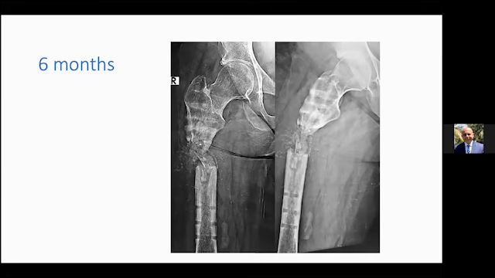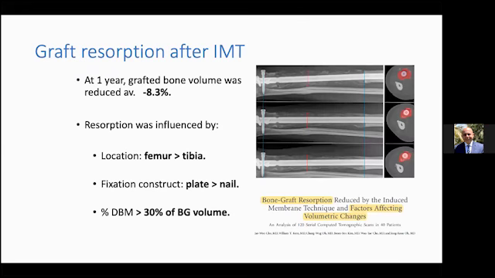Okay, Mustafa, I think we need to move on because we have one more case. Here is a summary of the evidence considering this case. Graft resorption occurs normally by an average of 8.3%, considering the diameter of the graft after the induced membrane technique. This resorption was found to be greater in the femur compared to the tibia, when using plates compared to using nails, and if we mix a bone graft substitute at a percentage greater than 30% of the total graft volume.